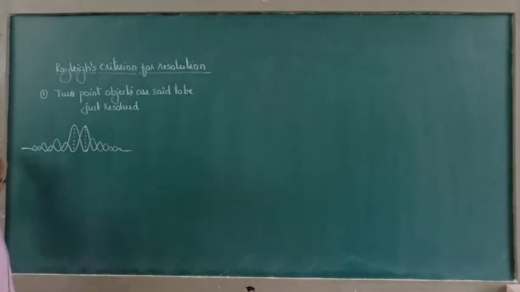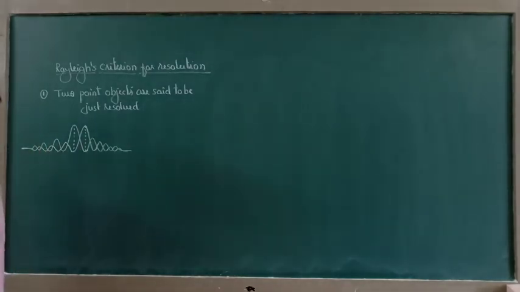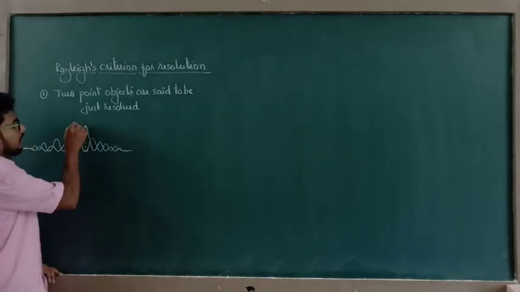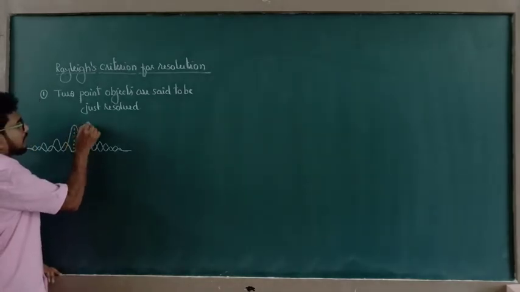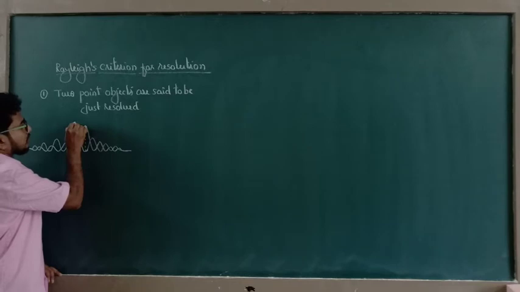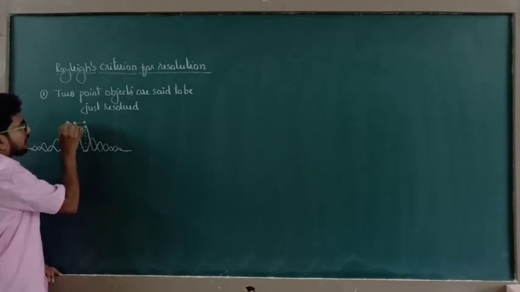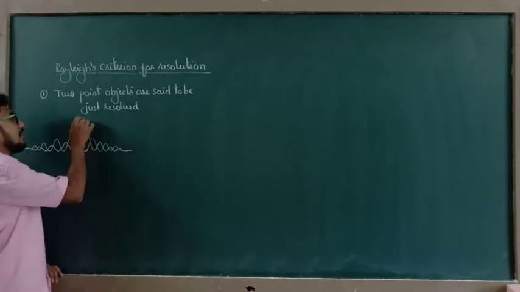Now they are overlapping like this. You just observe the distance between central bright maxima of these two point objects. This distance, central bright maxima of two point objects. Let us say this distance is equal to y.